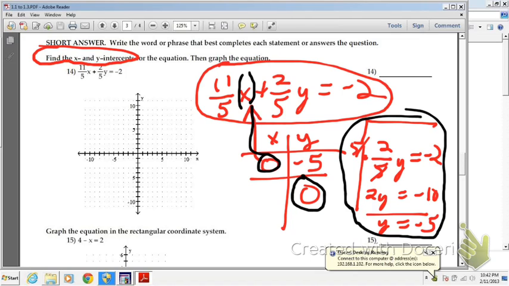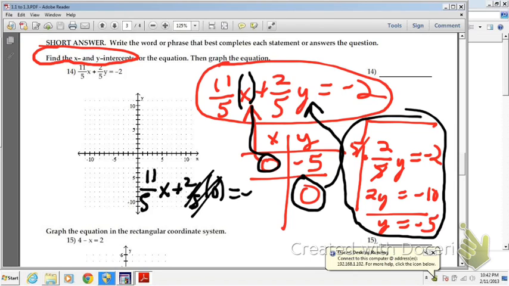Let's try again. Now let's take 0 and store it in for y, and think about what we get. Now I tend to do a lot of this mentally, but you can write it out. So 11/5 x plus 2/5 times 0, which is just going to zero out, right, equals -2. So if you keep solving for that, 11/5 x equals -2.